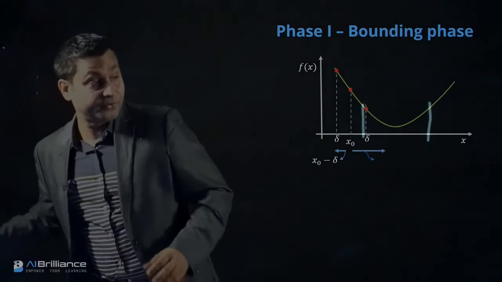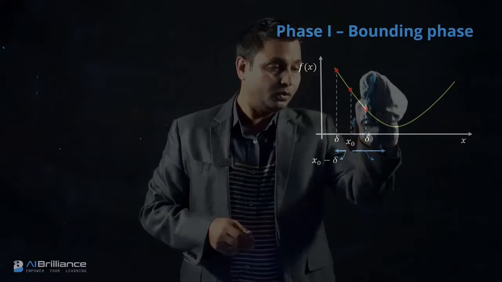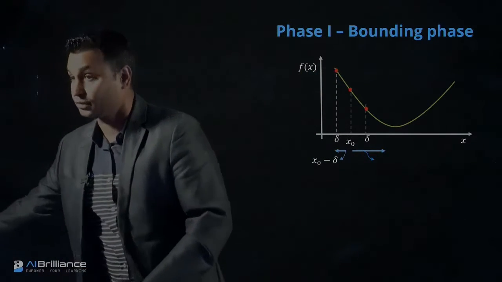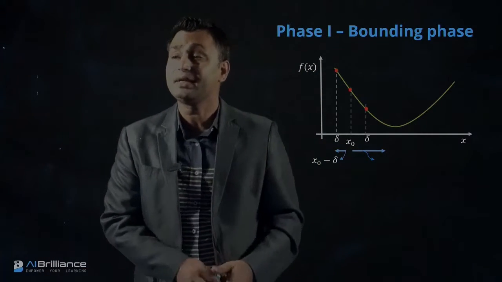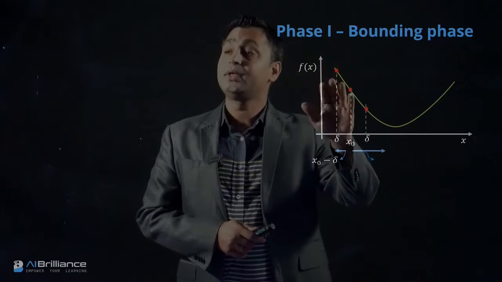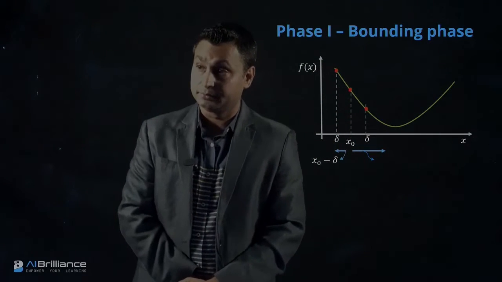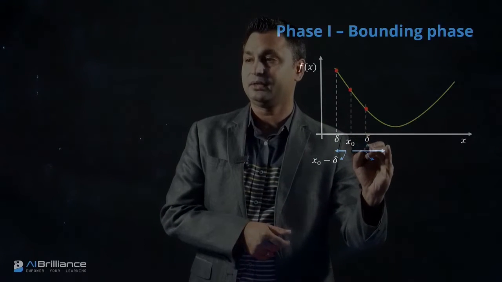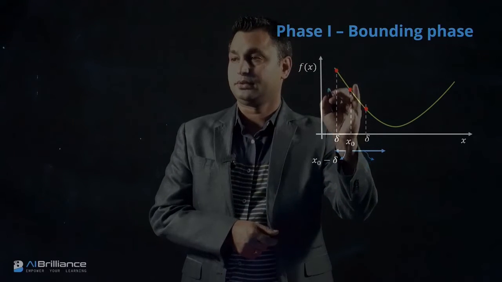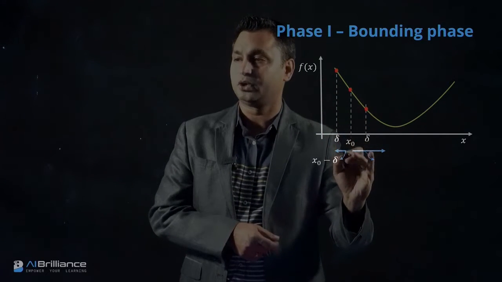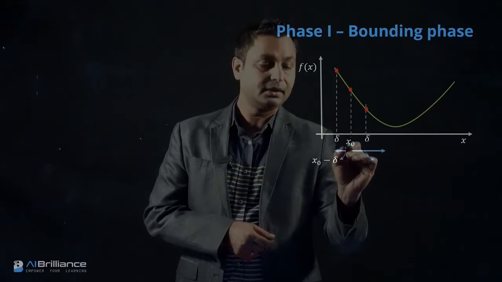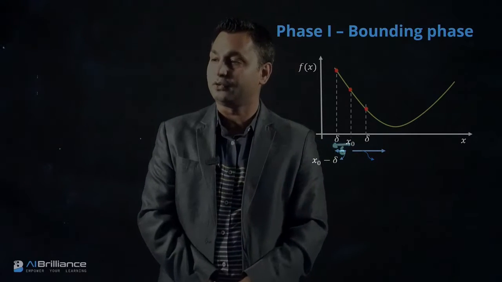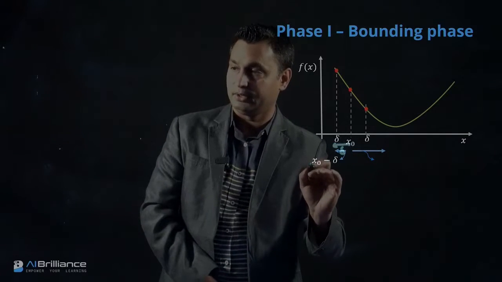If we are in this bounding phase, here is some key intuition that we need to develop before we develop the actual bounding algorithm. Let's say I pick 3 points on this function, and project them to the x-axis, and let's look at the middle point, which is denoted by x0. Intentionally, we have moved by delta distance to the left of x0, which is x0 minus delta, right here.